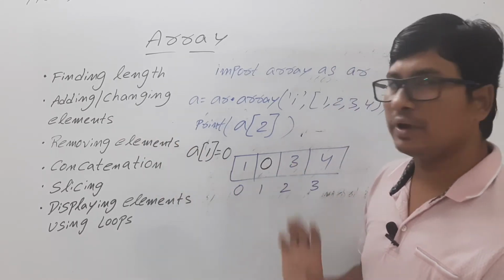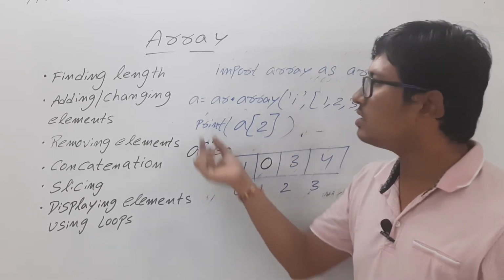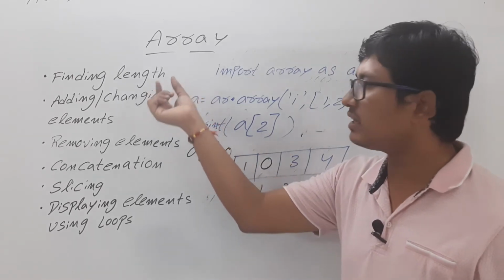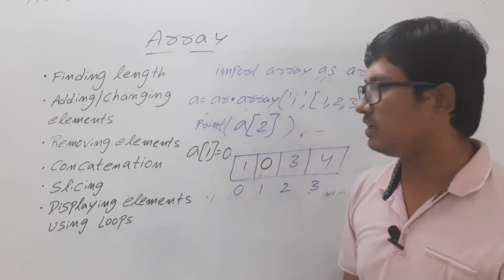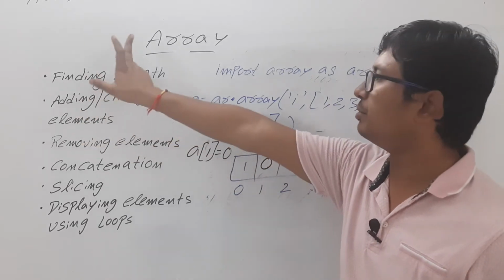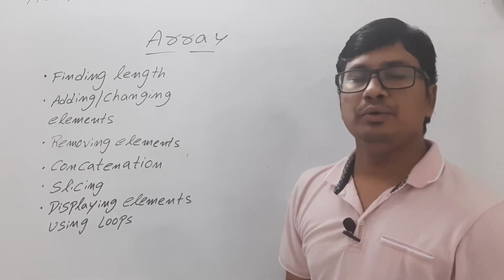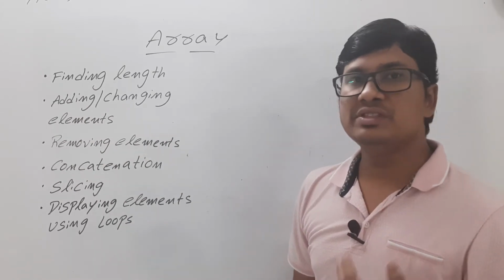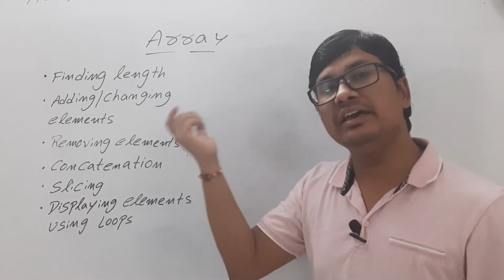So I hope you have understood what the index is, what the purpose of the index is, how you can find the length of an array, and how to change an element in the array. Is it clear? Now let me discuss one more important operation we can perform on the array, which is adding elements to the array. We can use 3 functions for adding elements to the array.